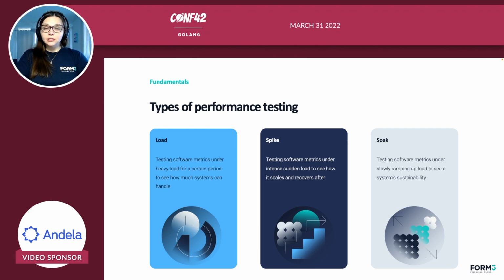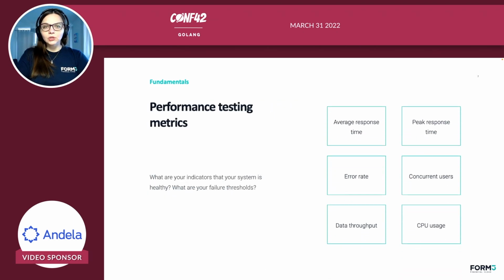If your stress test includes a sudden, high ramp up in the number of virtual users, it's called a spike test. If your stress test is over a long period of time to check the system's sustainability over time, but with a slow ramp up, then it's called a soak test. You should run stress tests before major events, like for example Black Friday if you're a commercial retailer.